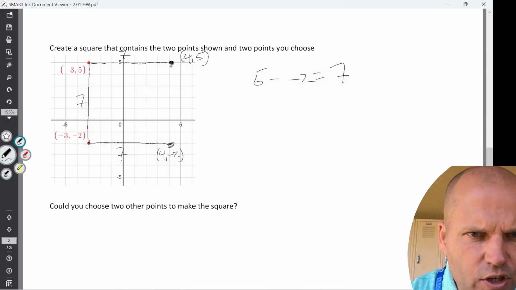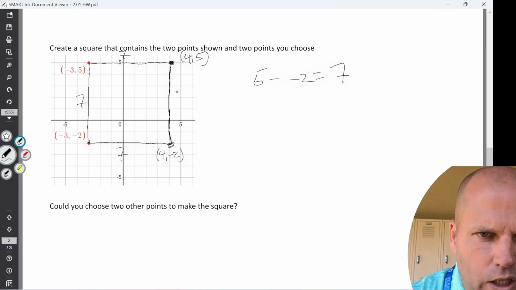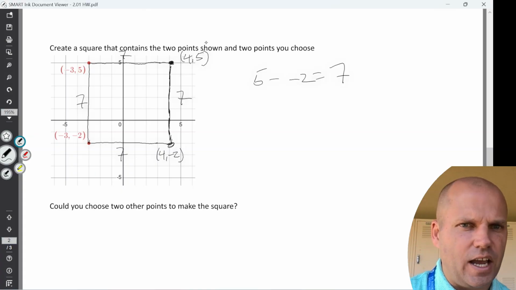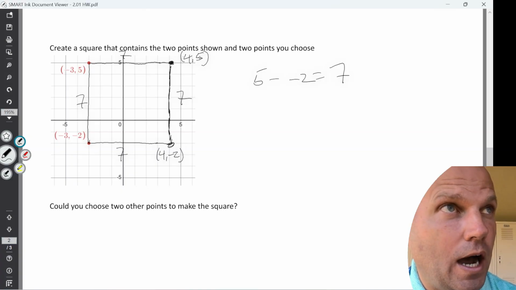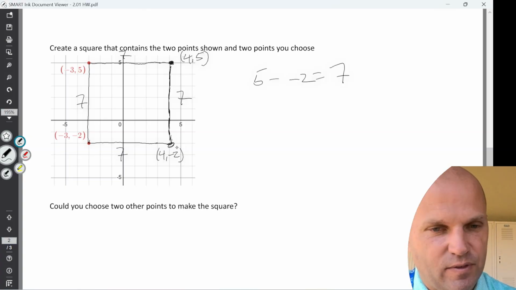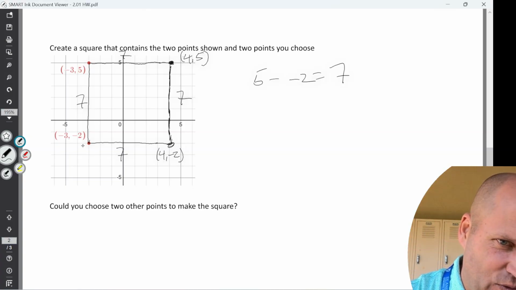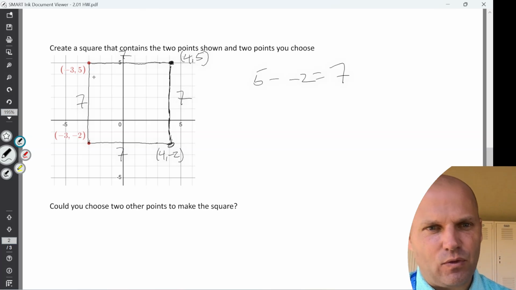And all of these points really work in harmony with each other. If you'd like to start at the point, say 4, 5, subtract 7 from the y, we get to 4, -2. Subtract 7 from the x, we get to -3, -2. Add 7 to the y, we get -3, 5.